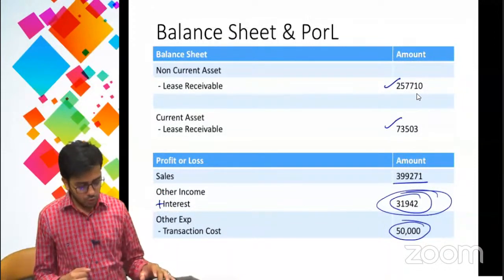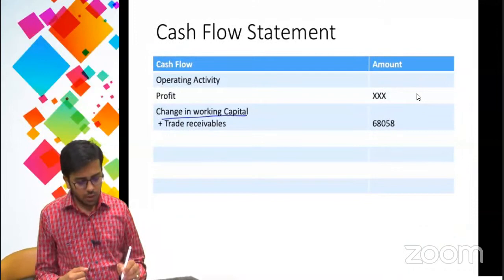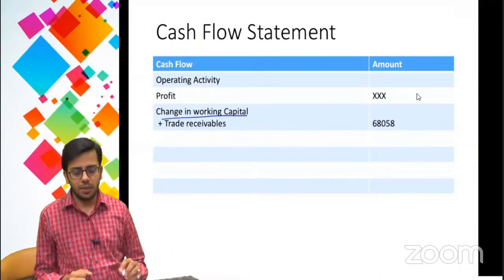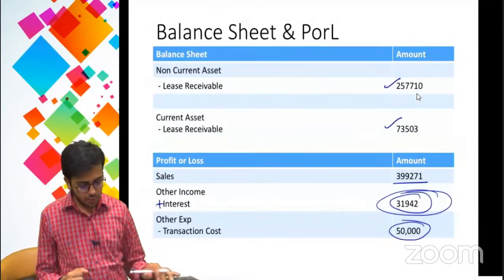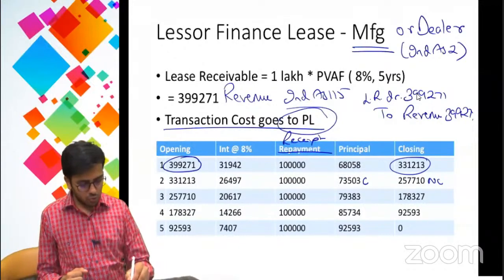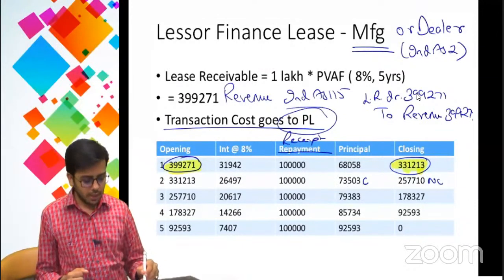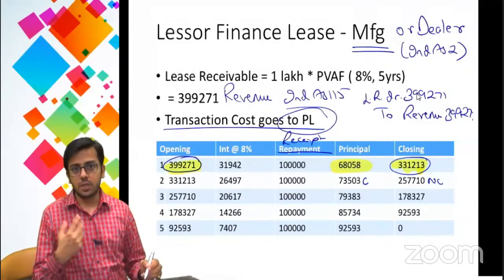So if we look at the cash flow statement, there is only one thing: change in working capital, like change in debtors, change in trade receivables. The trade receivables go from 3,99,271 to 3,11,243, and the change amount is 68,508. We have received this amount, right?